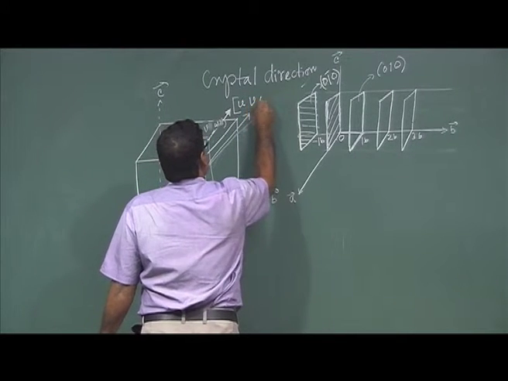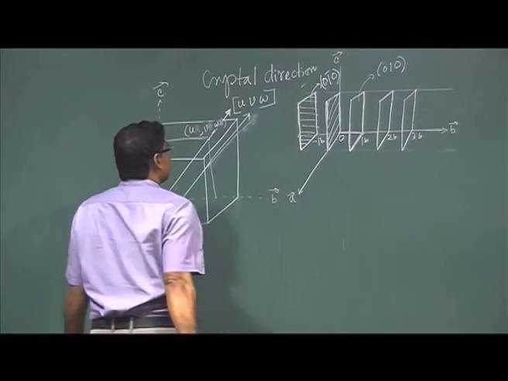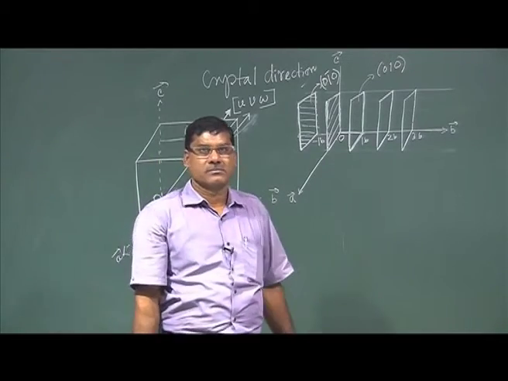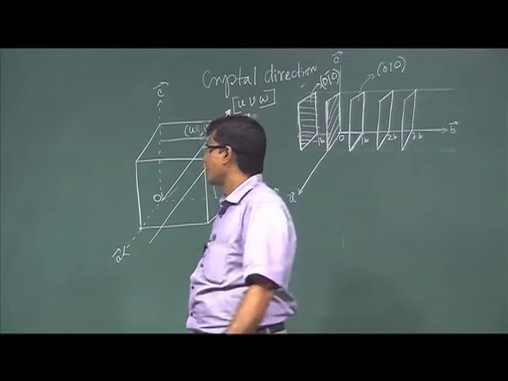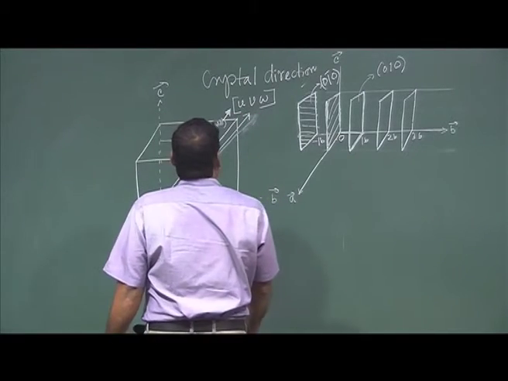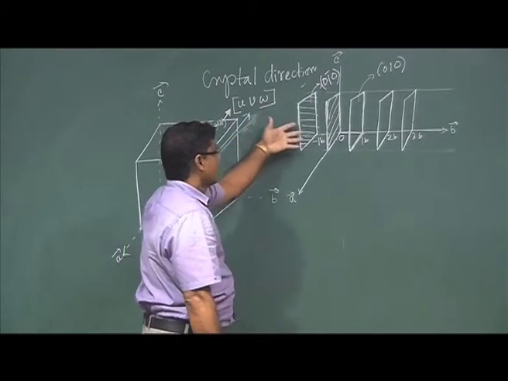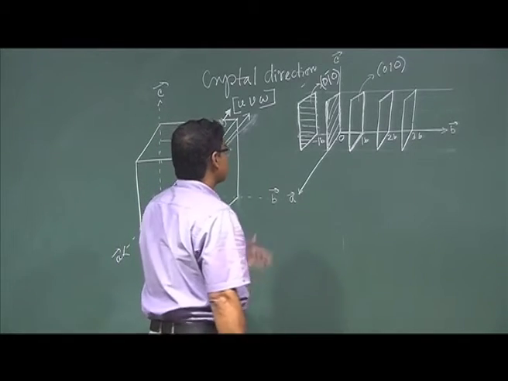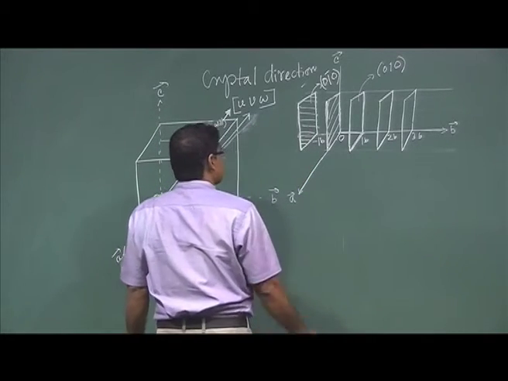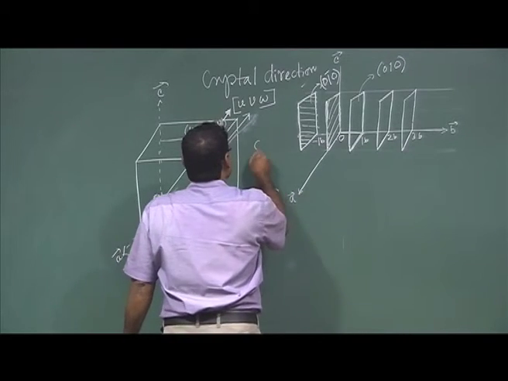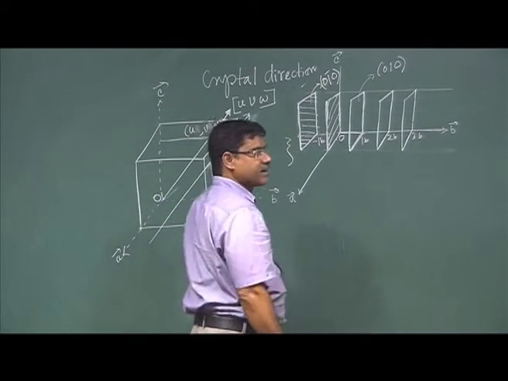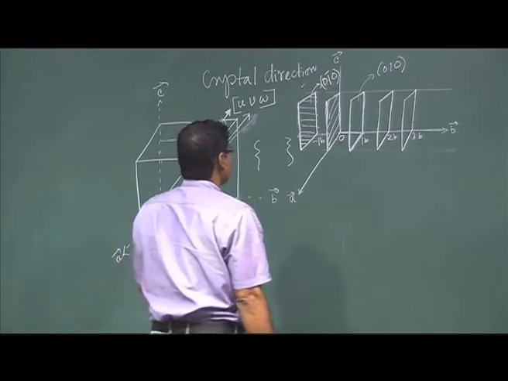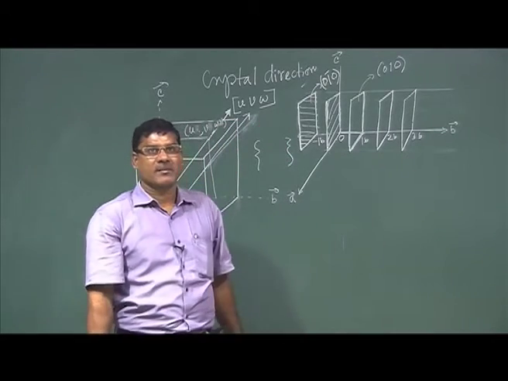So, when indices are written in third bracket, it basically represents the direction of the crystal, and we have seen that when indices are written in first bracket, it represents the crystal plane, and when written in second bracket, it represents the plane families which have similar properties, okay.